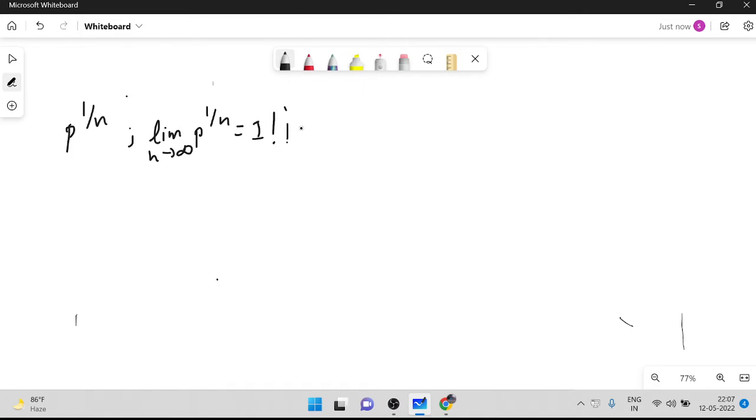What this basically says is that, say I take 2 power 1 by n, as n tends to infinity, this goes to 1. In our JEE days, we used to write this intuitively, but now we are going to mathematically establish this particular limit.